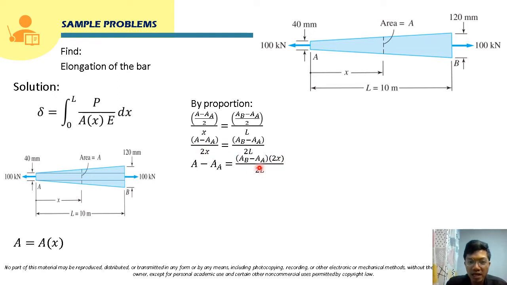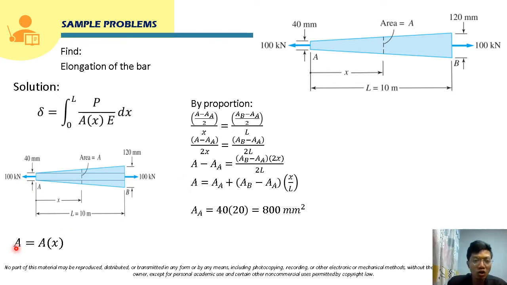So 2 will be cancelled, and then solving for A, this will be transposed to the other side, so this will become positive. So this will become A_A plus (A_B minus A_A) times x over L. From here, this will now become the equation of this area expressed in x.